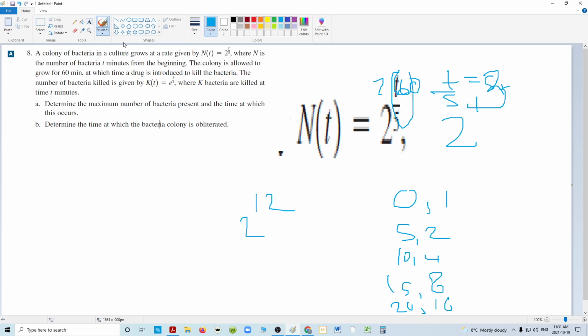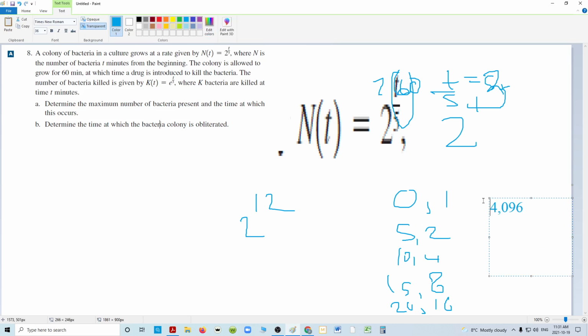Even though it's doubling every 5 minutes, we can see that at 60 minutes, we get 4,096 bacteria.